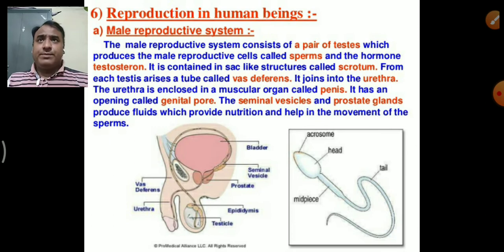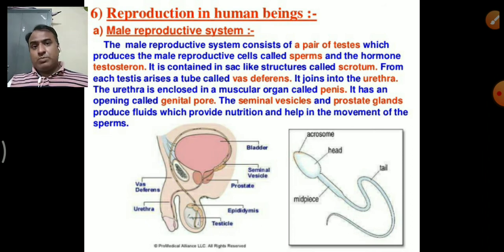Why? Because sperm has a basic pH and the vaginal secretion has an acidic pH. When acidic pH and basic pH meet, they can bring about a neutralization reaction. If the neutralization reaction takes place, then the sperm becomes infertile. The sperm is not able at that time to fuse with the egg cell.